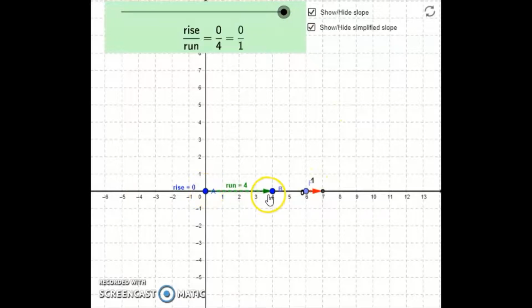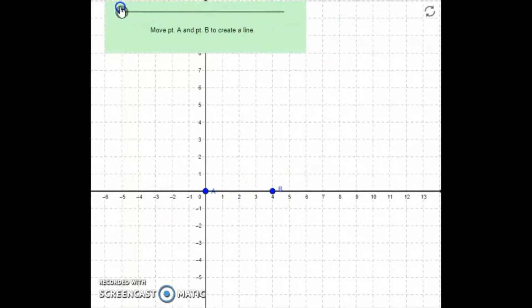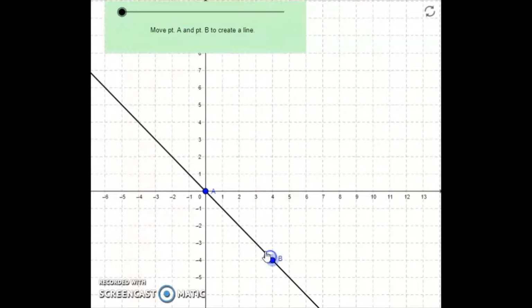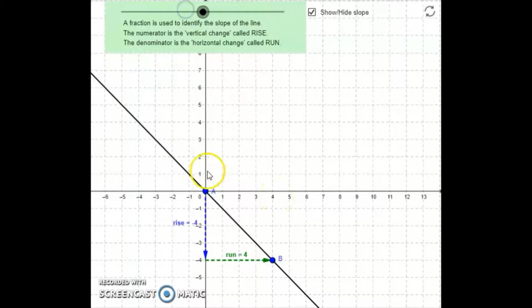I don't need to go along 4, I can go along just 1 anywhere I like on this line, and I can see that the slope is 0. And if I were to move this point down, now my rise is negative.